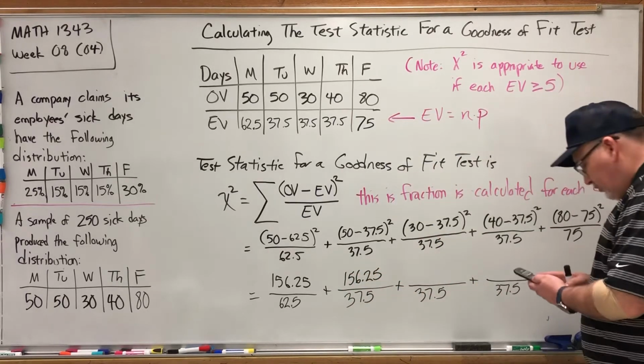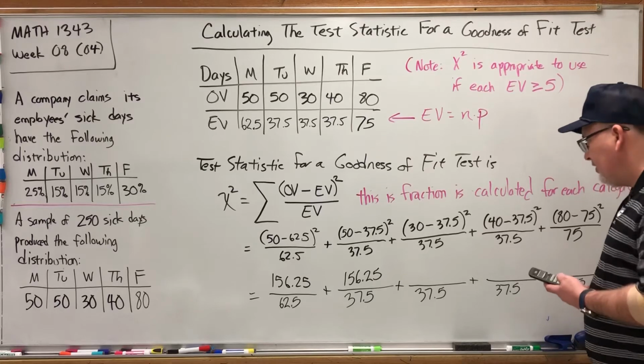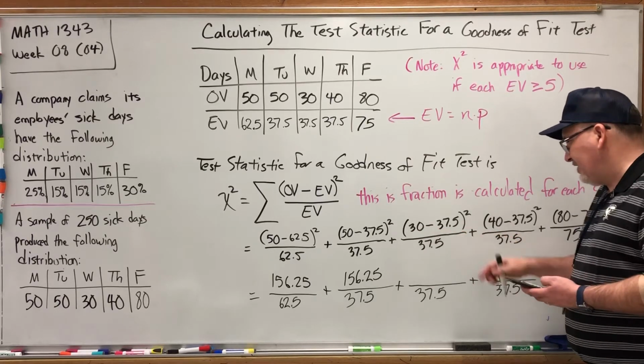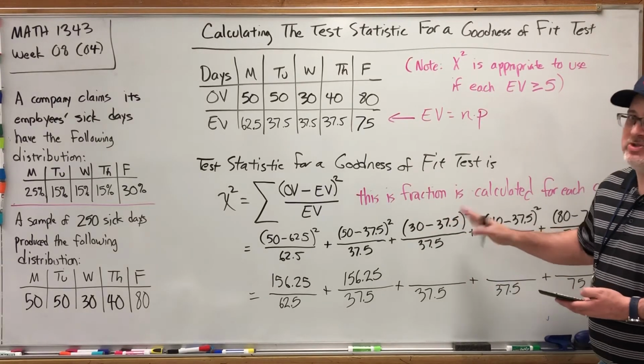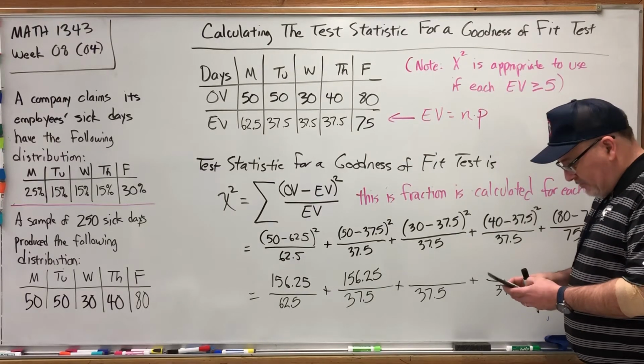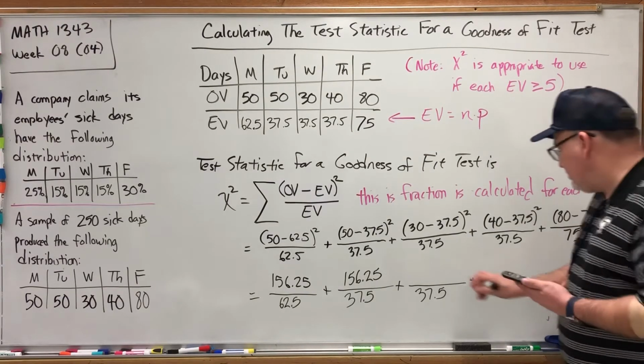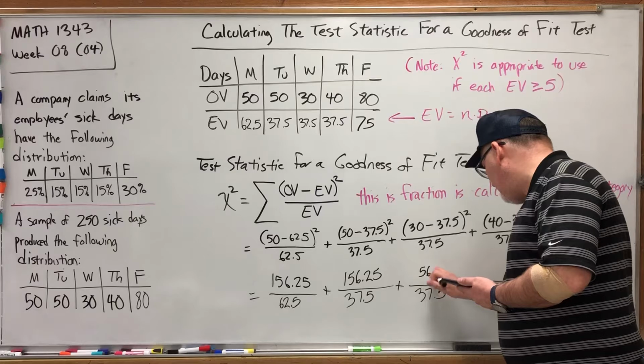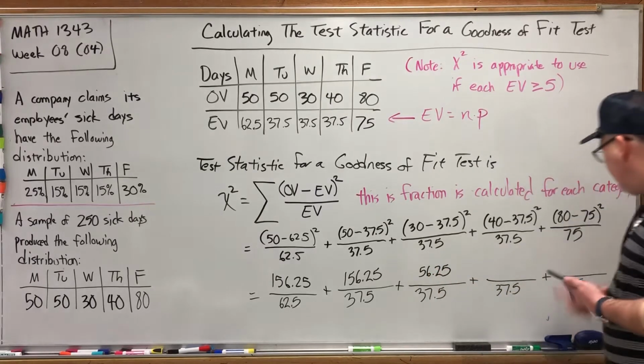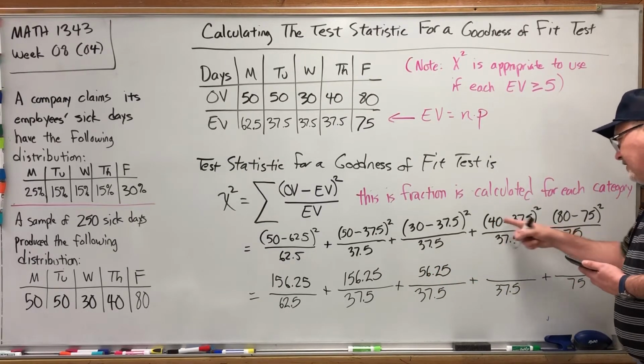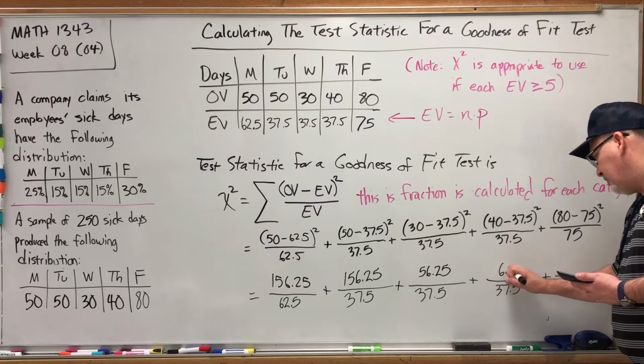Over here. Now some of these you can do a little bit quicker. I can tell this difference is negative 7.5, but I'm squaring it so the negative doesn't matter. 7.5 squared is 56.25. This difference is 2.5, and 2.5 squared is 6.25.